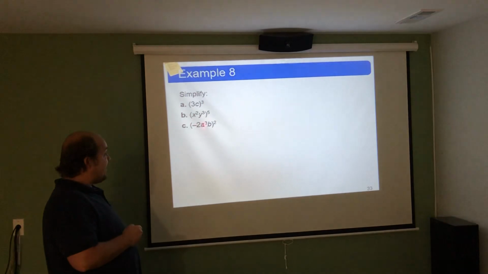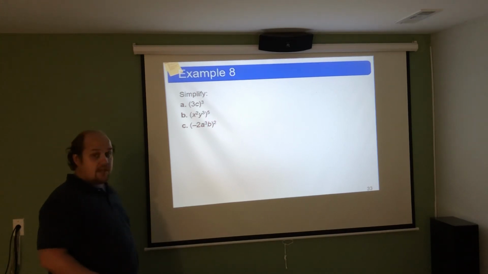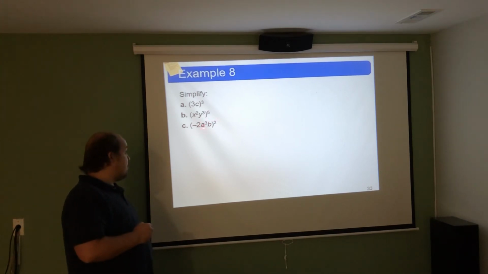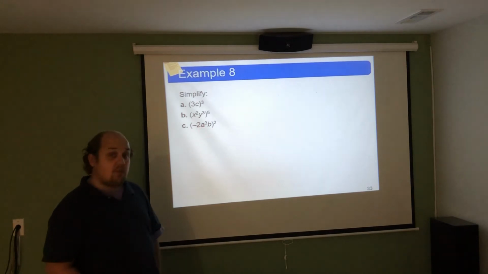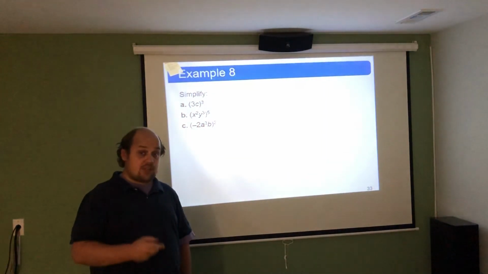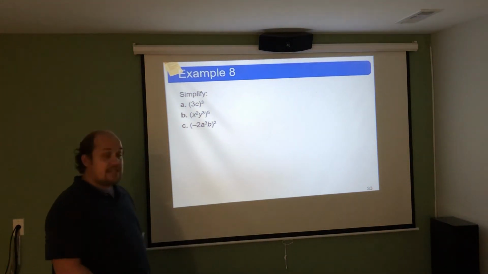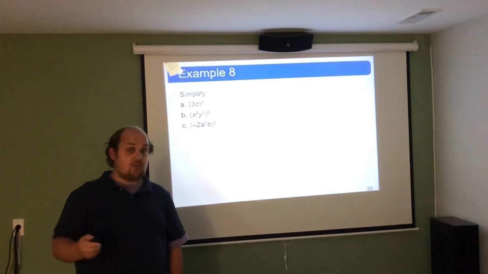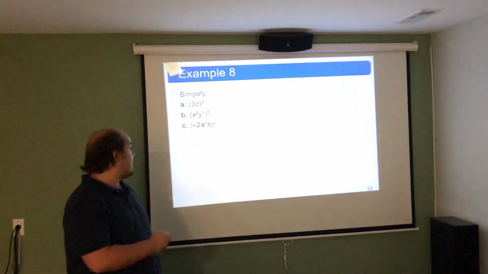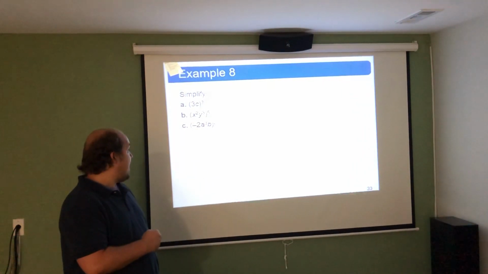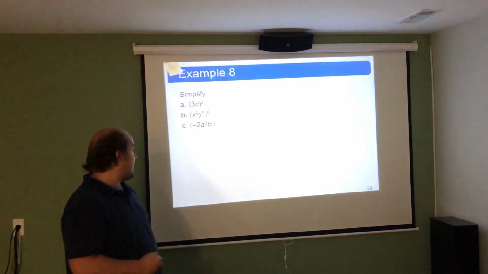Here I'm taking each individual part to the second power, so I'm taking negative 2 to the second, a to the third to the second, b to the first to the second. Negative 2 to the second would give me 4, a to the third to the second would give me 2 times 3 is 6, and b to the first to the second would give me 1 times 2 is 2. So my final answer here would be 4, a to the sixth, b to the second.